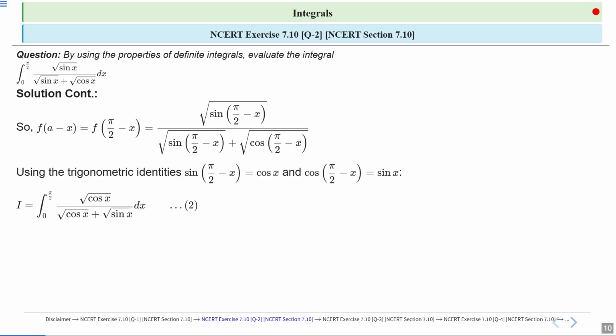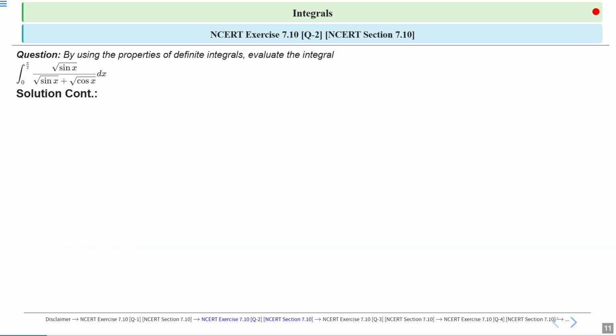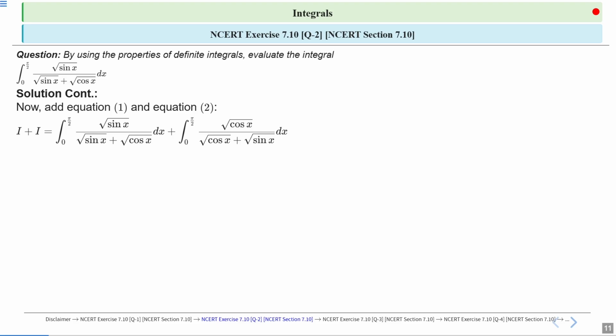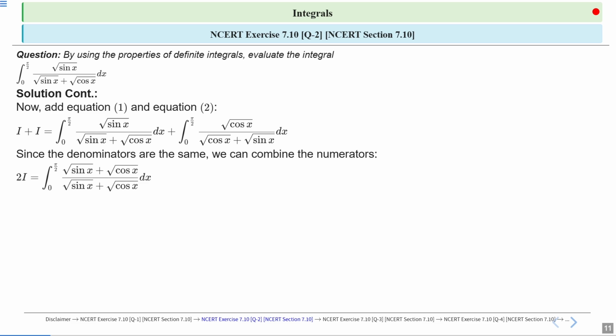So clearly we can observe that when we combine both integrals, it becomes the integral of root sin x by root sin x plus root cos x dx plus the integral of root cos x by root cos x plus root sin x dx. The denominators are the same, and because the limits are also same, we can combine both equations.